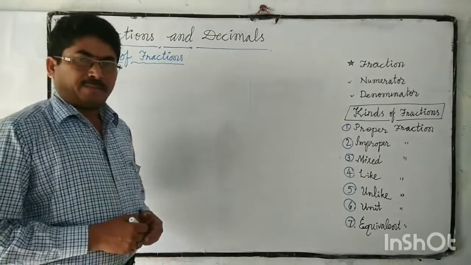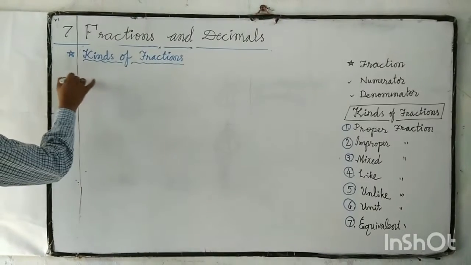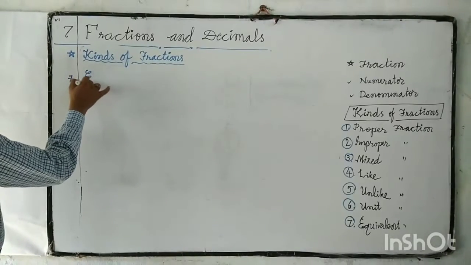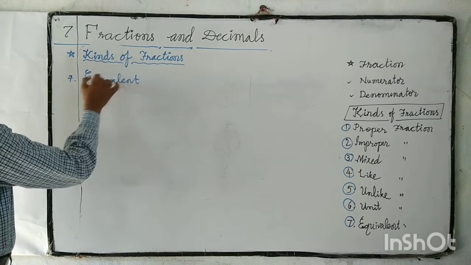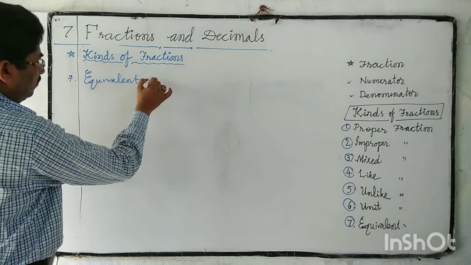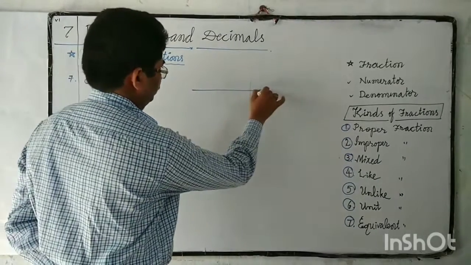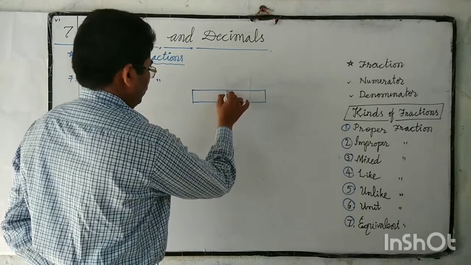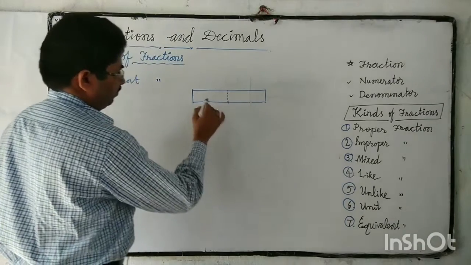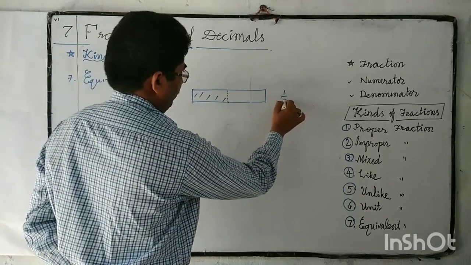We can observe on pictures. This is dividing two parts, means 1 by 2.